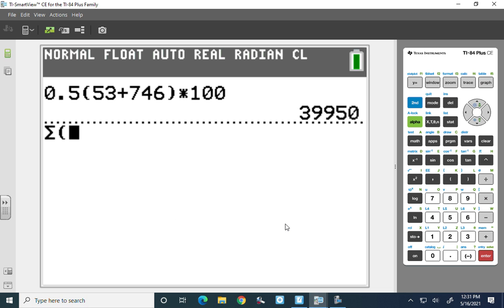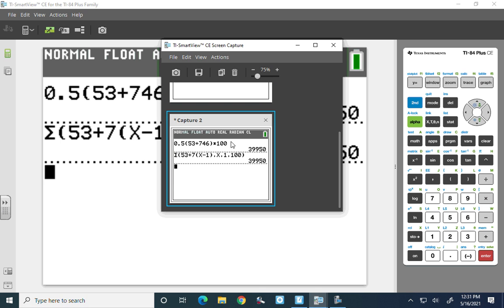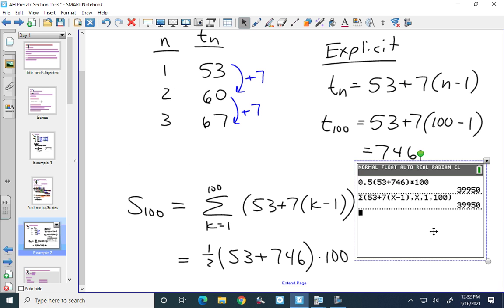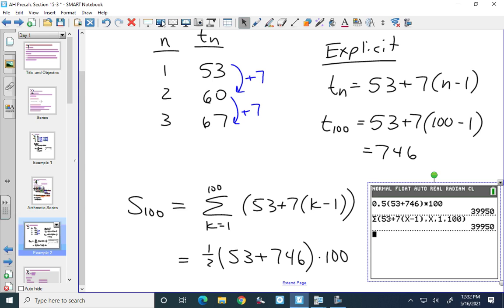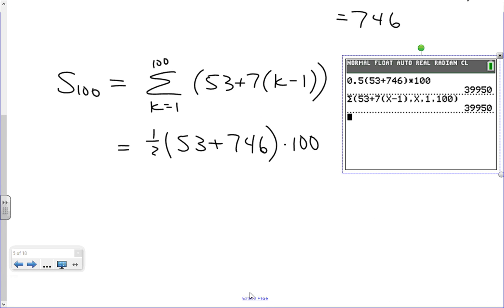So it's 53 plus 7 times x minus 1. My variable is x, and I'm going from 1 to 100. If we let it crunch, we should end up with the same result. Same result. You don't need to do both calculations, but if you want to verify that you're getting the right result, that's a quick check you can do. Let's write down that sum then. 39,950.